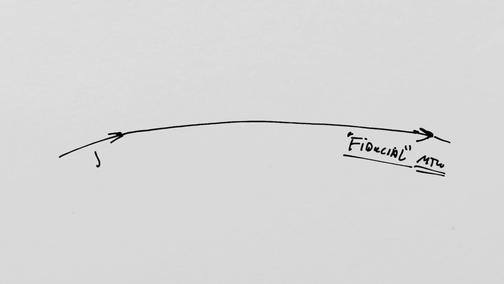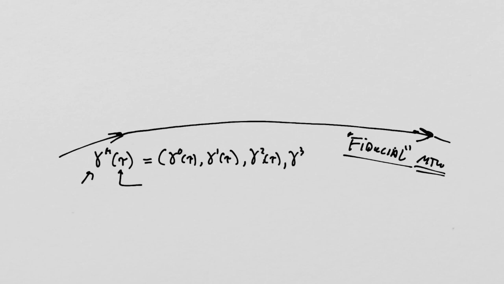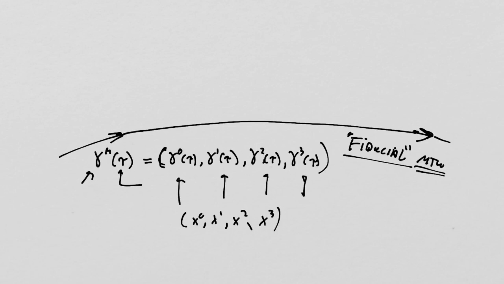And this geodesic will have a curve, gamma mu of tau. Tau is the parameter along the geodesic, and gamma mu are the coordinates. So as before, we're going to have gamma 0 of tau, gamma 1 of tau, gamma 2 of tau, gamma 3 of tau, and because this is a curve, we know that given any value of tau, I plug in, get these four numbers out, and that gives me the coordinates, x0, x1, x2, and x3 of any point along this curve.